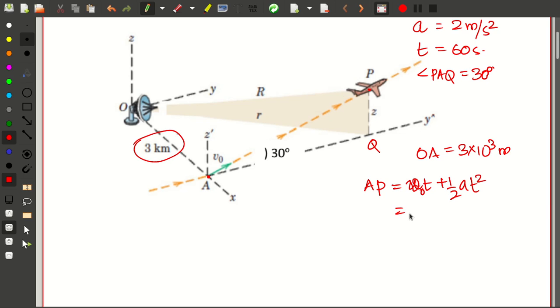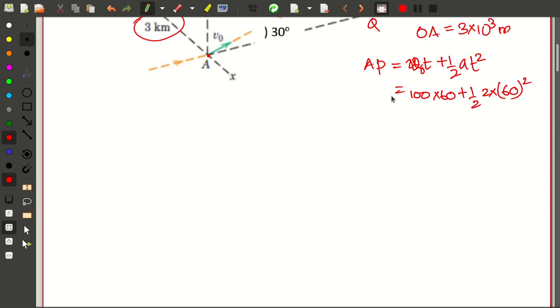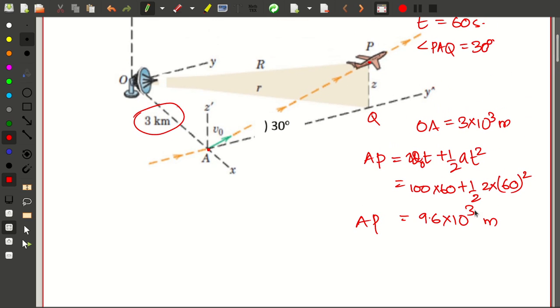So it is 100 into 60 plus half into 2 into 60 square. I will give you the direct answer: AP is 9.6 into 10 raised to 3 meters. That is the distance the flight covers in 1 minute.